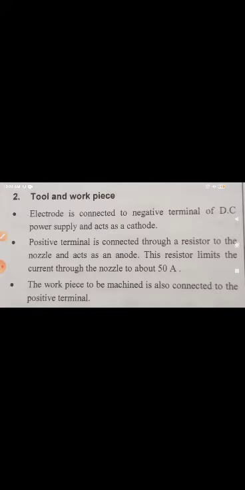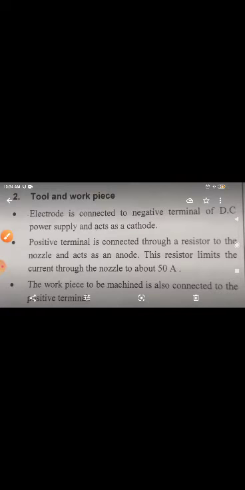Then tool and workpiece. The electrode is connected to the negative terminal of a DC power supply. For the previous two methods, EDM and WEDM, the power supply was DC. In this also the power supply is again DC. The electrode is connected to the negative terminal and acts as a cathode.